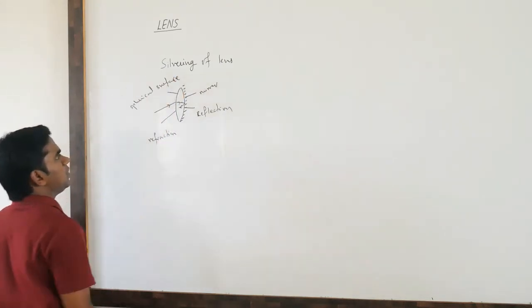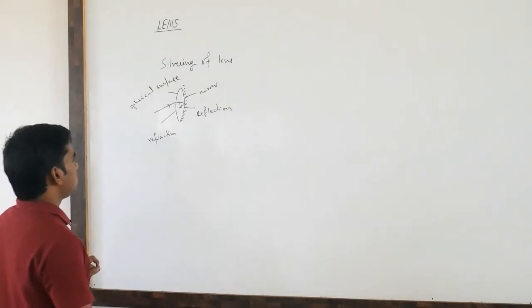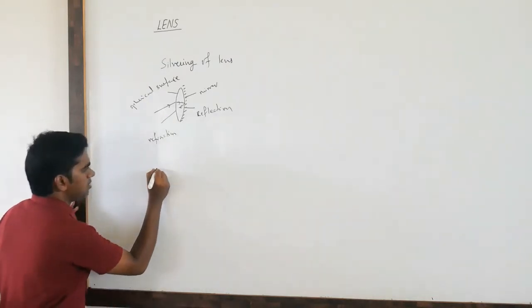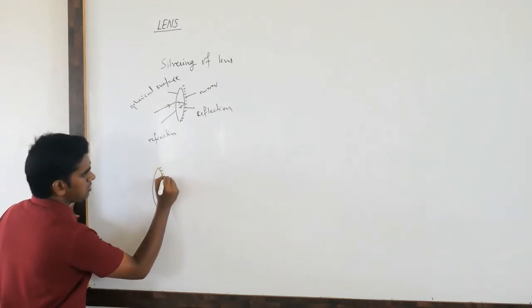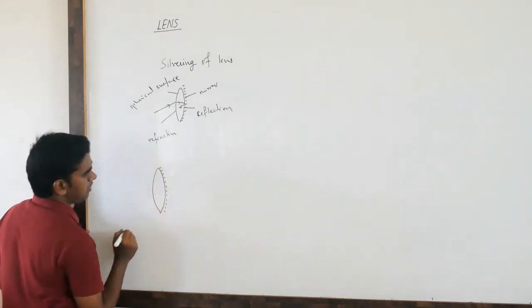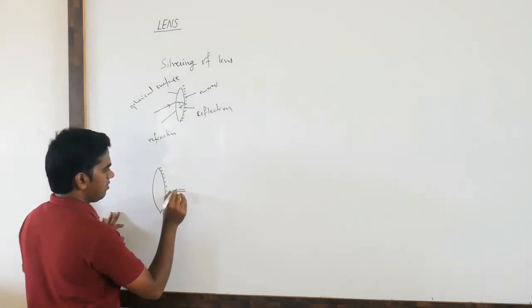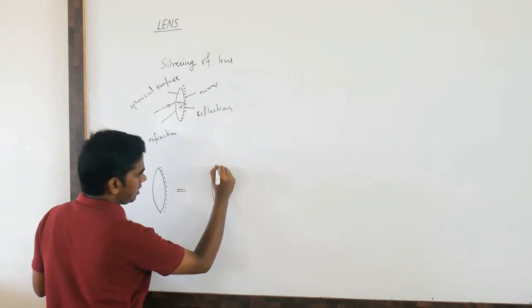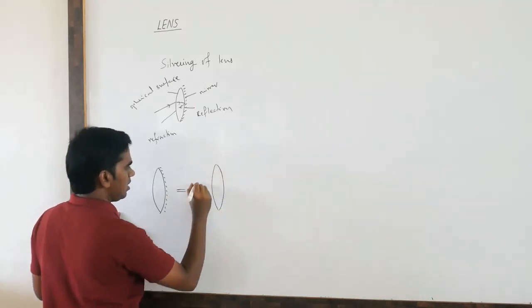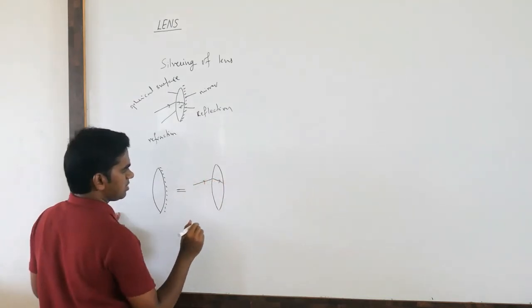So in this case, how can we find the focal length? Suppose we take this lens separately, with silver on this side. If a ray of light is incident, first refraction will take place at this point. The ray comes and refracts.